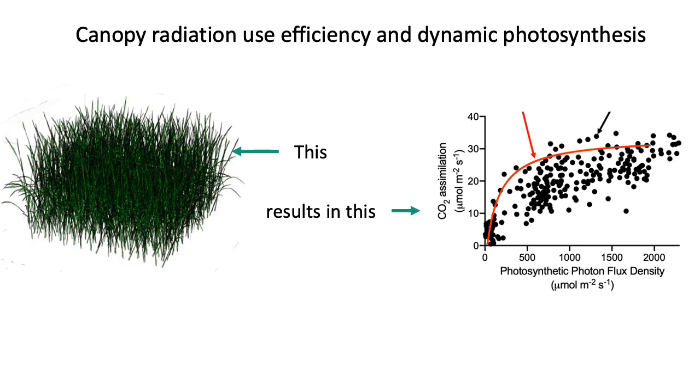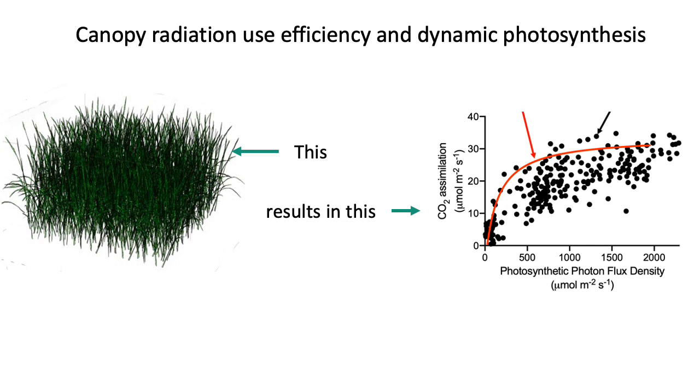A theme in this talk is going to be the link between canopy architectural complexity and what we call dynamic photosynthesis. So this is photosynthetic rate that's not the same, but it's changing. It's not static photosynthesis, it's photosynthesis that's responding to a change in environmental conditions, in this case, light intensity.